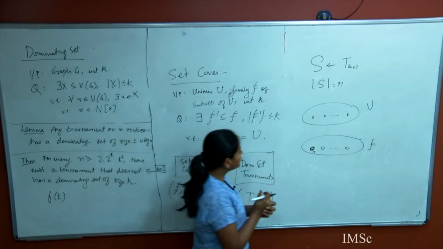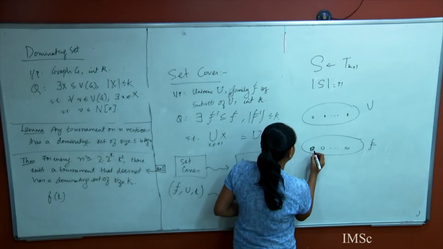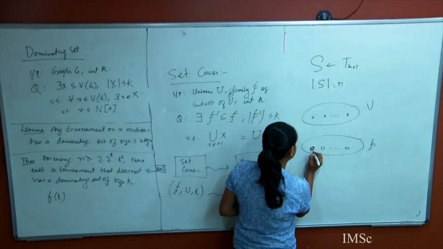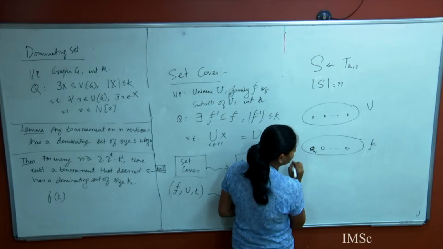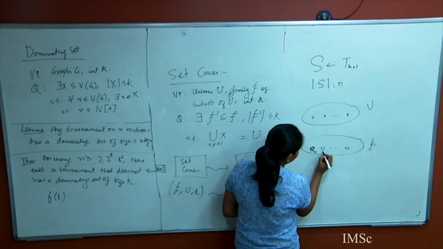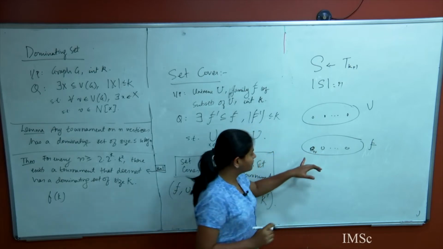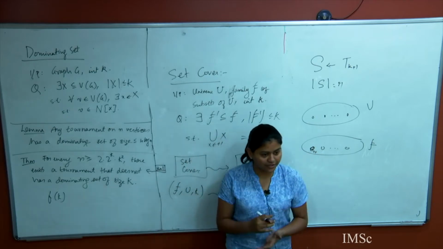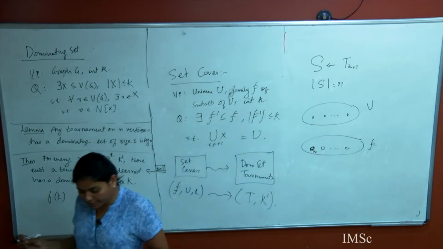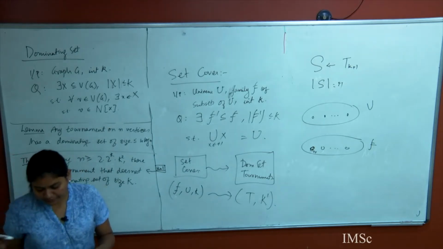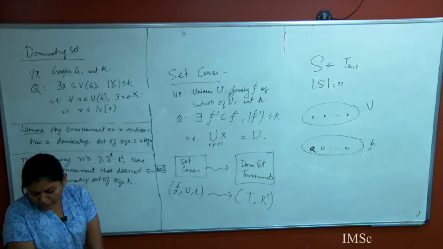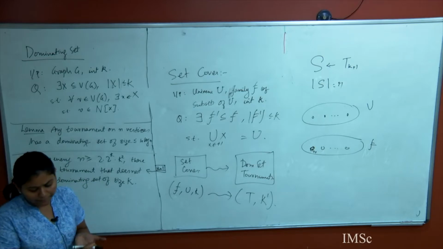Okay. And we will denote it by the vertex subscripted by the set. Okay. This is what I create.